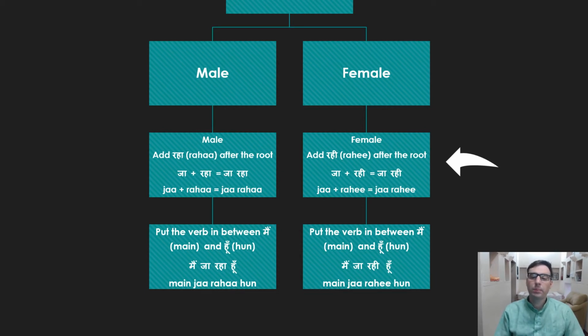So ja plus rahi gives us ja rahi. Again, note that they're written as two separate words. And then we have to put the verb in between the subject, the pronoun main, and the helping verb that agrees with main, which is hoon. So that gives us मैं जा रही हूँ. I am going, if I were speaking as a female.